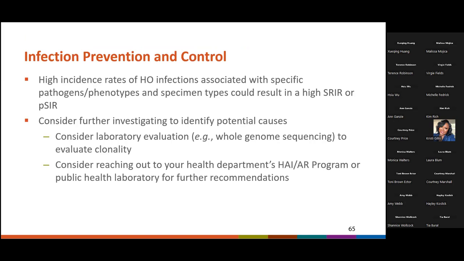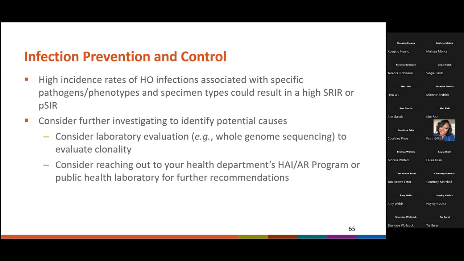If a high SIR or pSIR is not because of data quality, data suppression, culture practice, or lab methods, then we have to think about why my facility has such a high incidence rate of hospital onset infection associated with specific organisms. We recommend conducting further investigations.